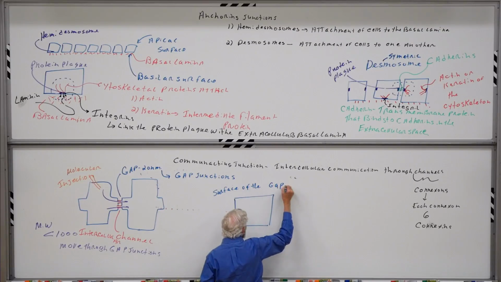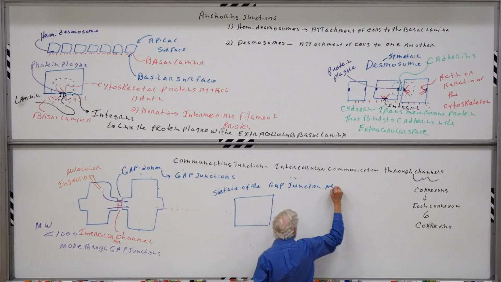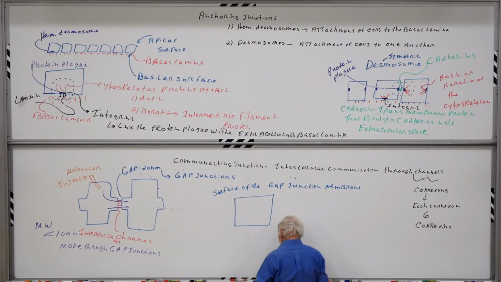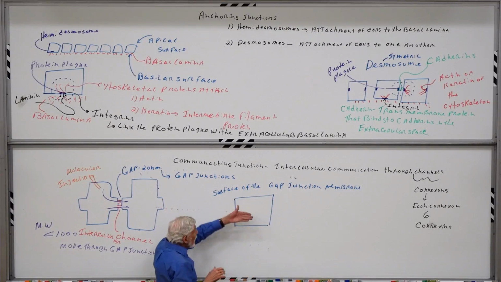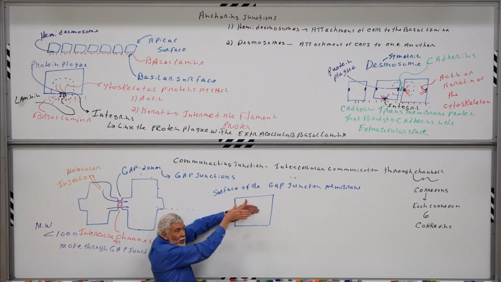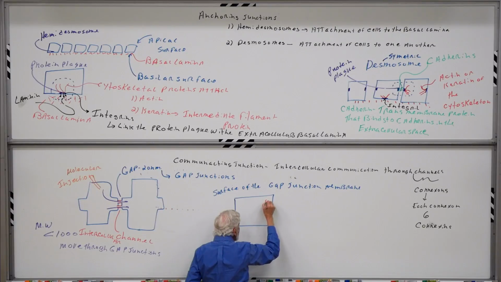I should say the gap junction membrane. Now, one of the difficult things to recognize is if this is the gap junction membrane of one cell, there's another one out here. So outside toward the plane of the audience, there's another cell. But then when we look at this gap junction, we see these clusters of proteins.